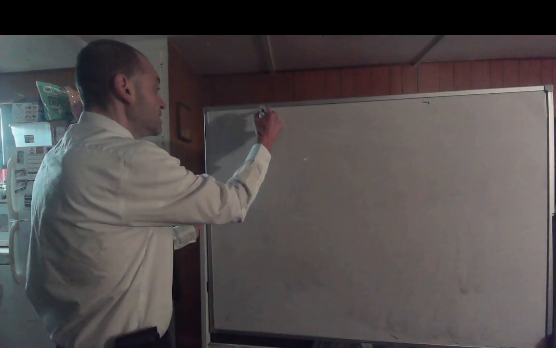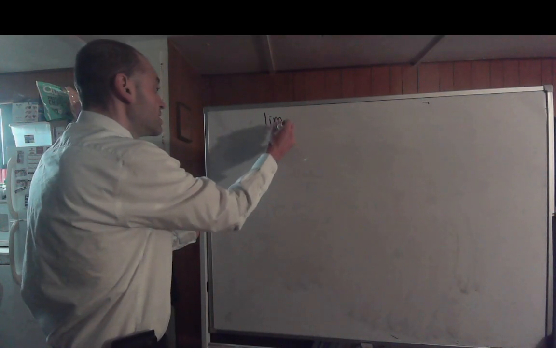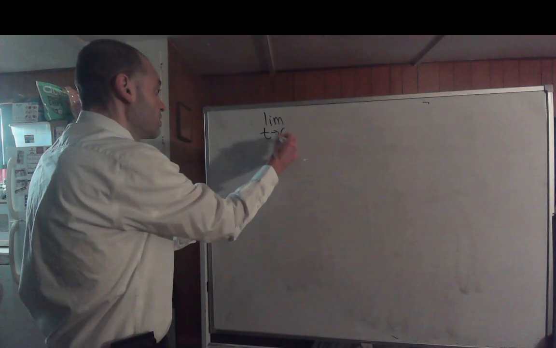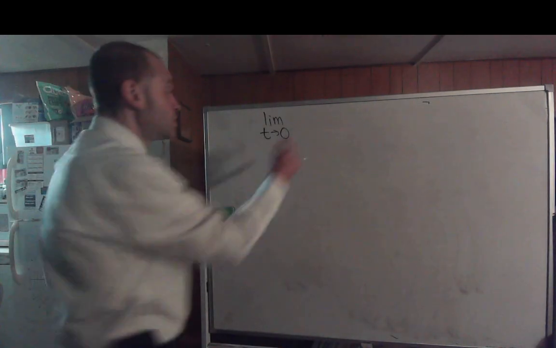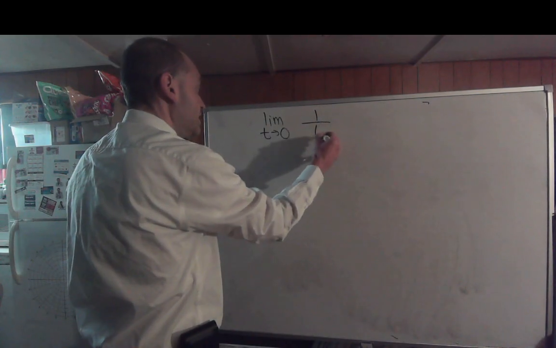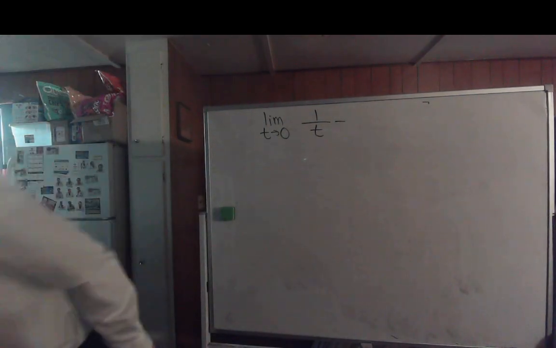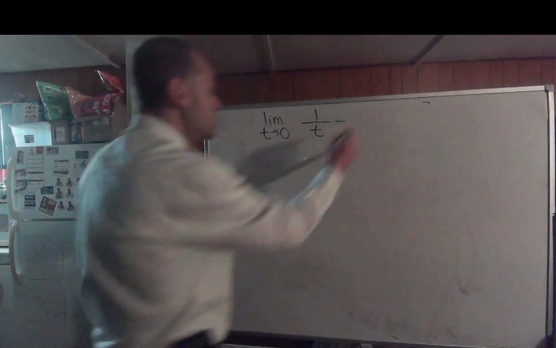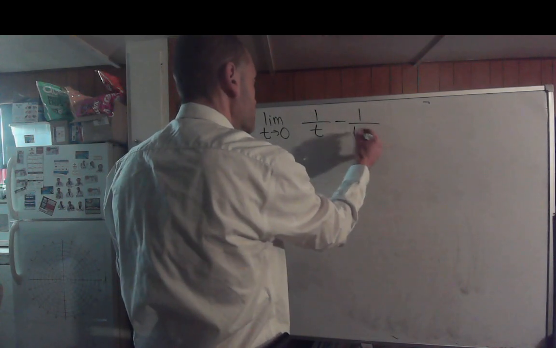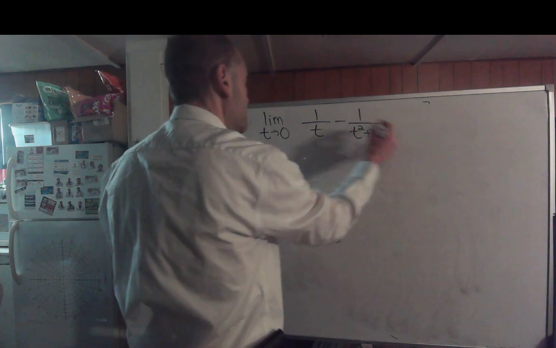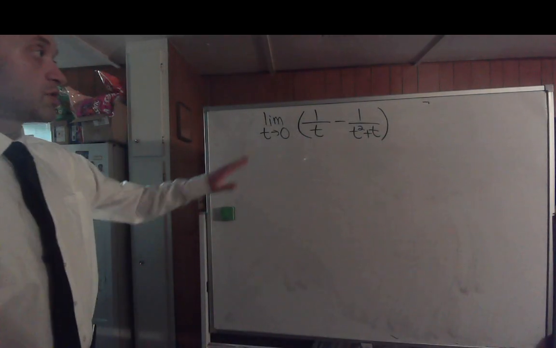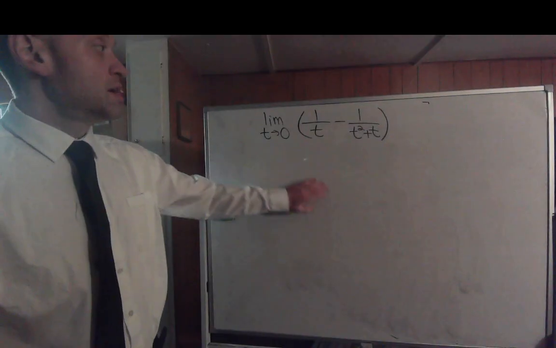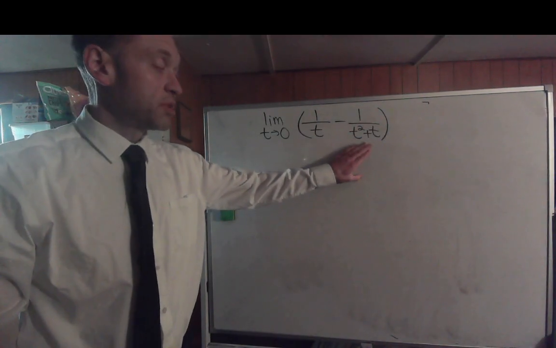We have the limit as t approaches 0 of 1 over t minus 1 over t squared plus t.